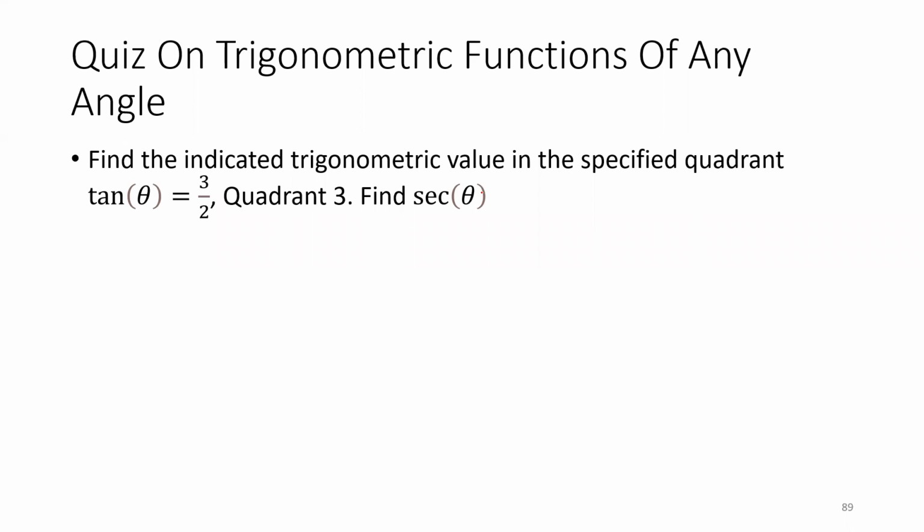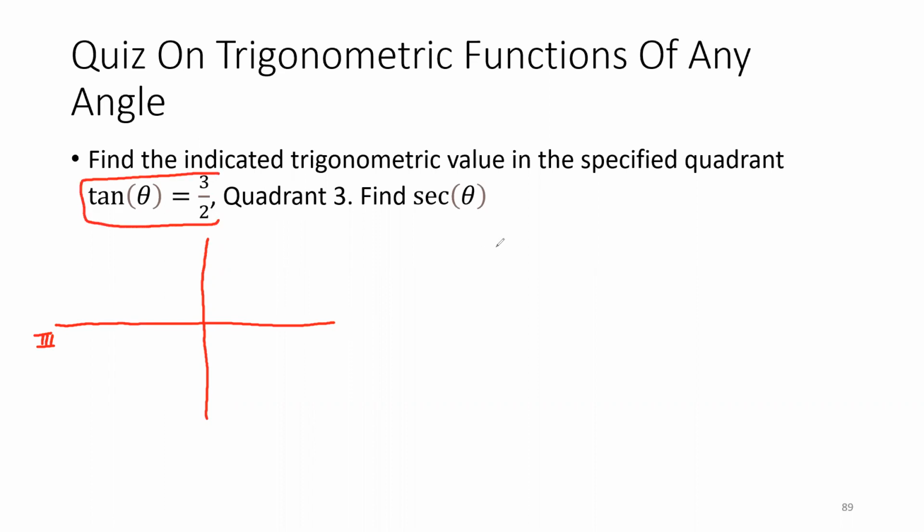First, we're going to have to draw a triangle and figure out which quadrant we are in. It specifically says we are in quadrant 3. 1, 2, 3. So here's quadrant 3, correct? Now it says tangent is positive 3/2.